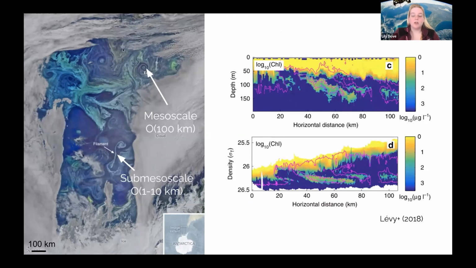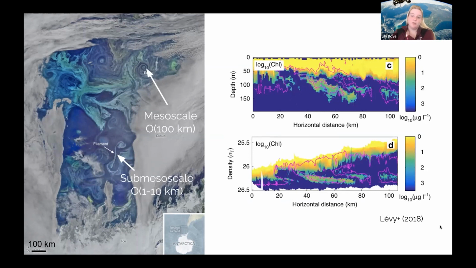And that's on the order of 100 kilometers, probably smaller because it's the Southern Ocean. But we also have filamentary structures at the submesoscale, so orders of 1 to 10 kilometers. And one way that these submesoscale features can play a role in transporting water from the surface into the interior ocean is demonstrated on the right here.